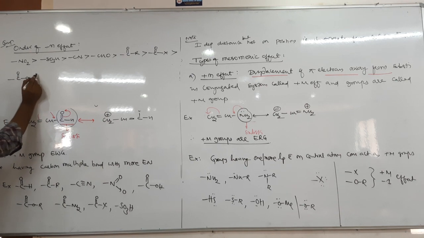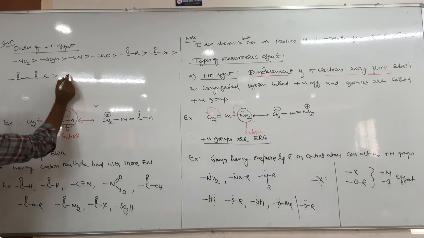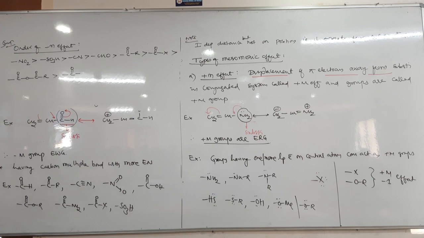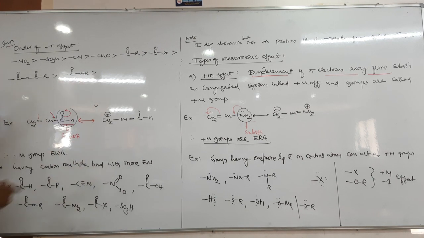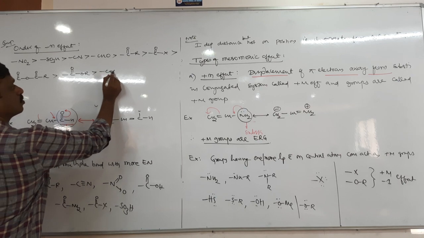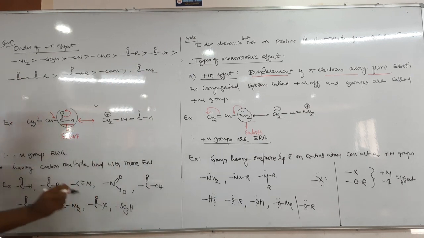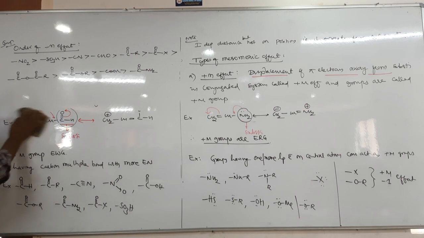Next is anhydride. Next is amide, ester. So this is the order of minus M effect.